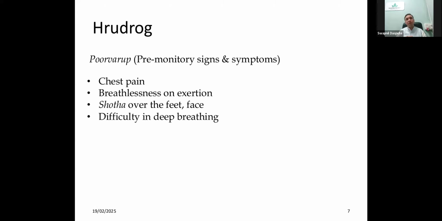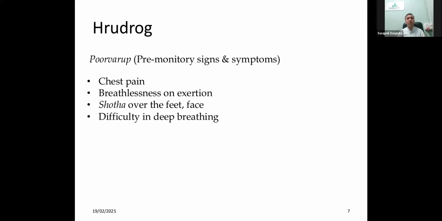So the patient may not relate it to a heart disease. The patient may relate it to lack of exercise, or sudden activity, or reduced stamina. That okay, I have reduced stamina because I'm not exercising regularly, or I did this suddenly, hence I'm feeling breathless.